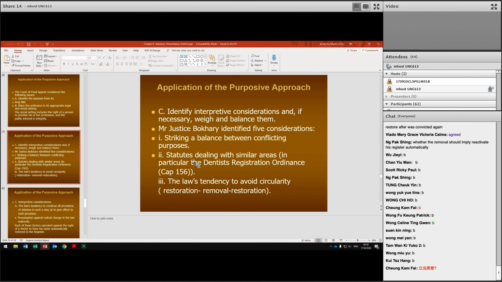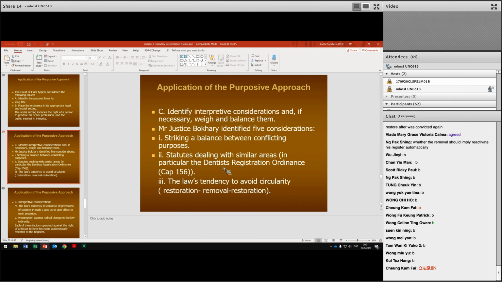Okay? So number two, statutes dealing with a similar area. When we are going to examine the ordinance, we have to refer to some similar ordinances. So for the medical council, the most similar ordinance is the dentist one. Because doctor, the job is more or less the same. It's very similar. The job nature of doctor is very similar to dentist.